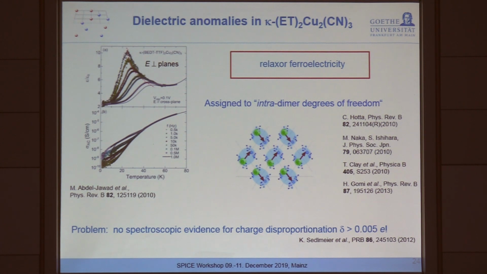What they do, this is Martin Dressel's group, they look in the infrared spectra and they cannot identify two differently charged species of the organic molecule. So within their resolution, which is about 0.05 elementary charge, they could not identify two differently charged species of the organic molecules. So this is the problem.